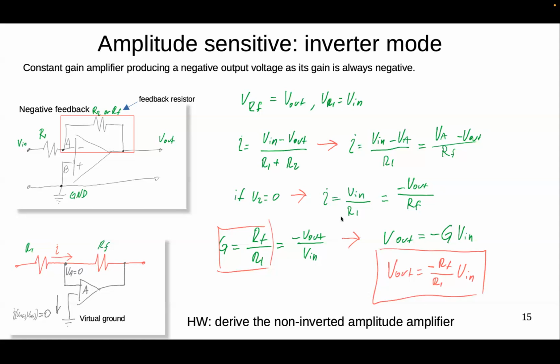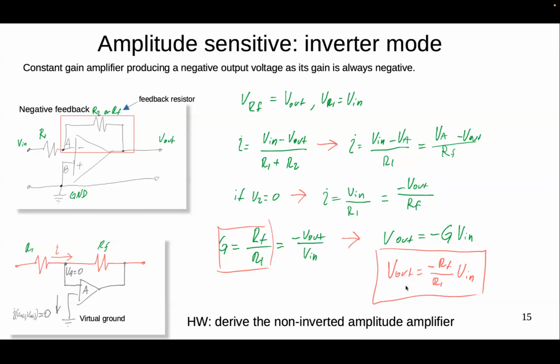And from here, this is a very simple equation. We define that the gain will be basically the feedback resistor divided by the resistor 1 in the input. And this will be equal to minus the voltage output over the voltage in the input. At the end, we have that the voltage output is equal to the negative gain times the voltage in the input.